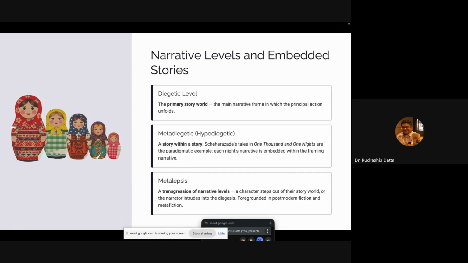Right? The third one is a typical style adopted by modernist and postmodernist fiction. That is, you go forward and backward, you jump time, you jump sequences, you bring in a new narrator, right? You transform a particular narrator.